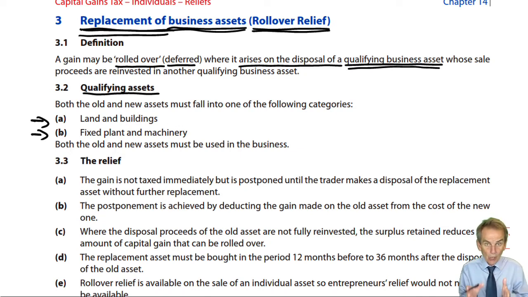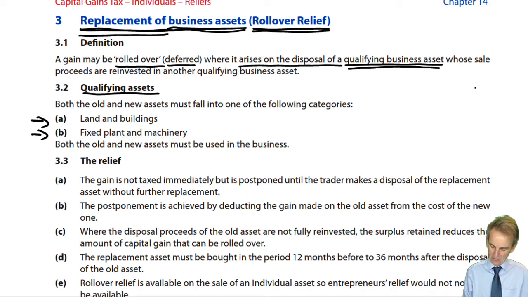So we'll start our studies here of rollover relief with pure rollover relief, no other variations on a theme. We sell a qualifying business asset, a business property, we buy another qualifying business asset, we reinvest all of the proceeds, all of the gain may be deferred by a claim for rollover relief.